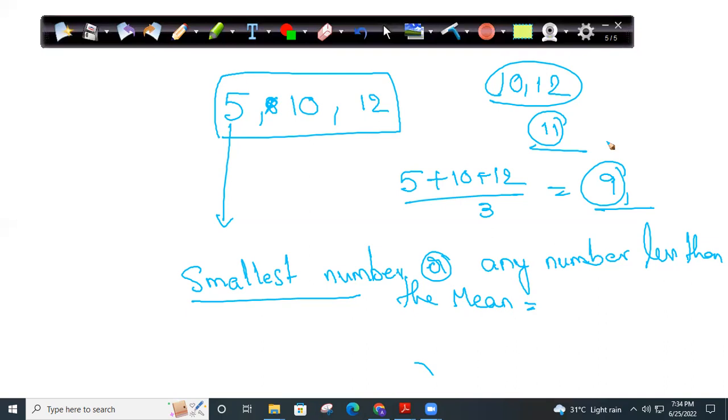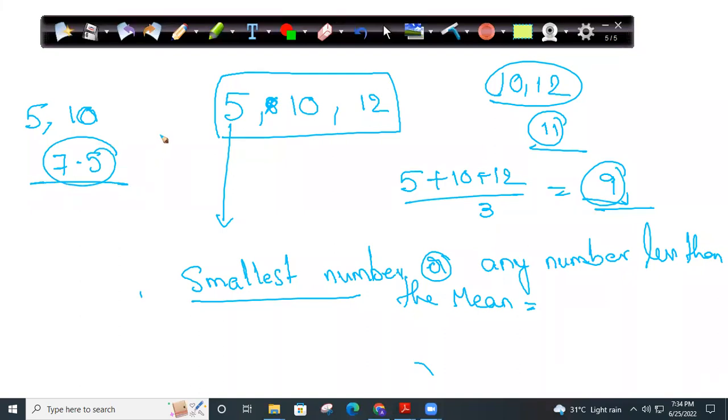If I remove a number less than mean, any number, if I remove 5 here, definitely the new mean will be greater than the original mean. Same thing. If I remove a number greater than the mean, suppose I remove 12, so 5 plus 10 by 2, 7.5. So the new mean will be less than the original mean.